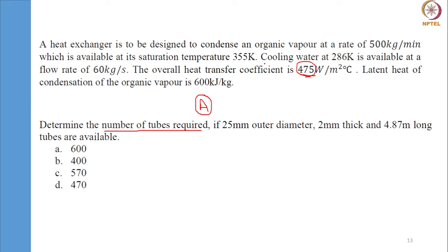So we'll go step by step. Can someone do an energy balance and share their answer about the exit temperature of cooling water? It is entering at 286 Kelvin. So what is the exit temperature of cooling water?